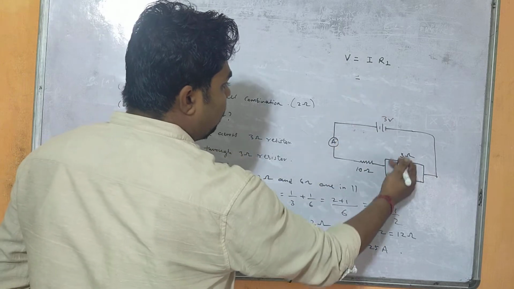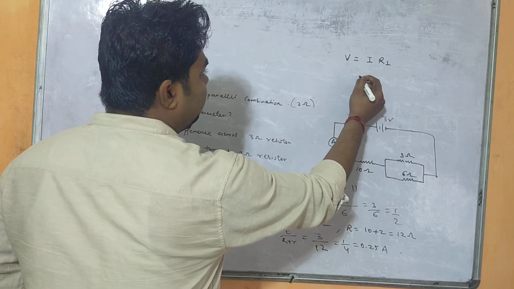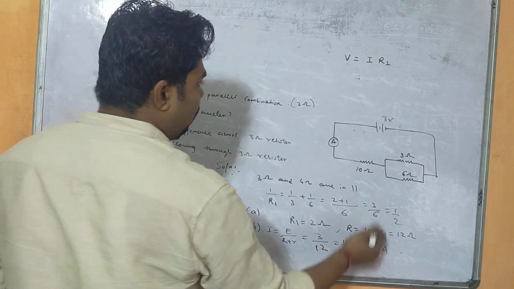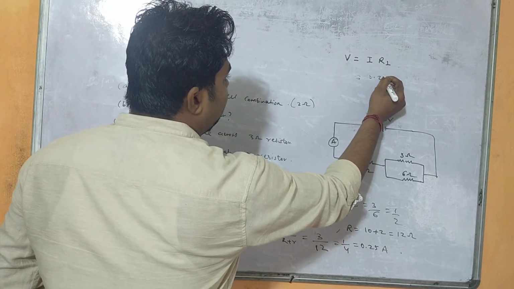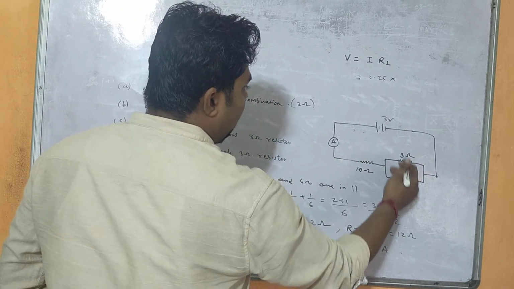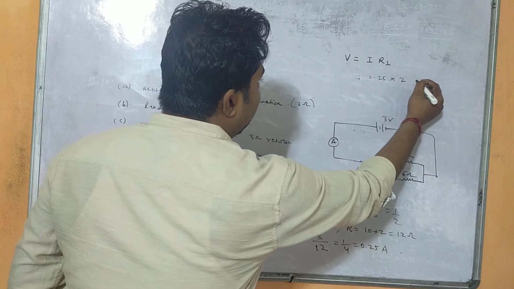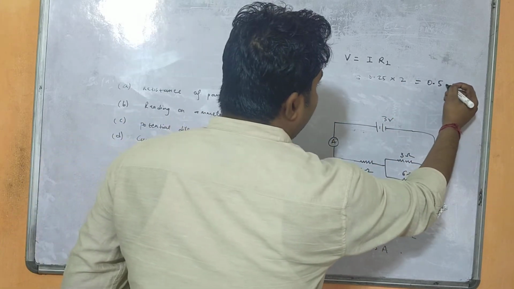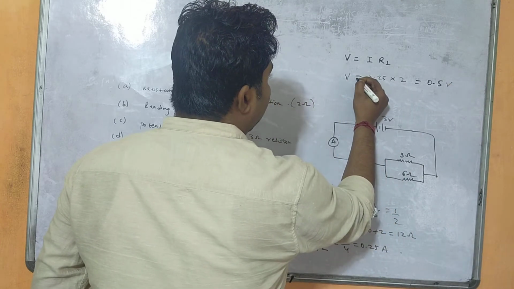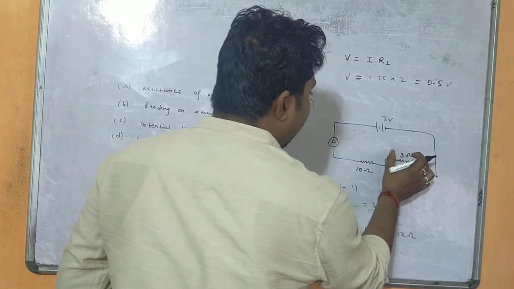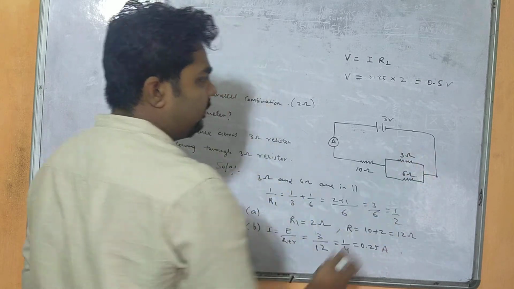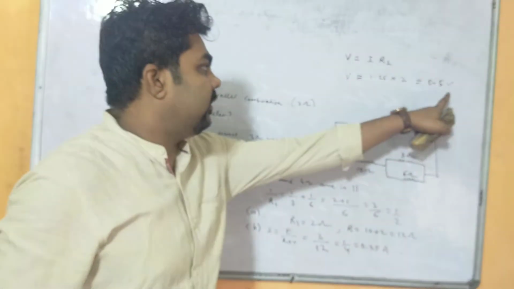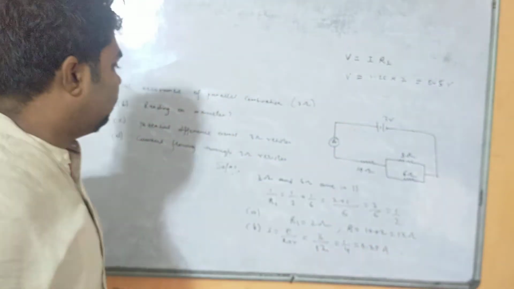So what is the total potential here? That is I we got 0.25 and R1 we got here, that is 2, that is 0.5 volt, right? Total potential at 3 ohm is total potential as this. So how much is the potential here? 0.5 volt. Okay.